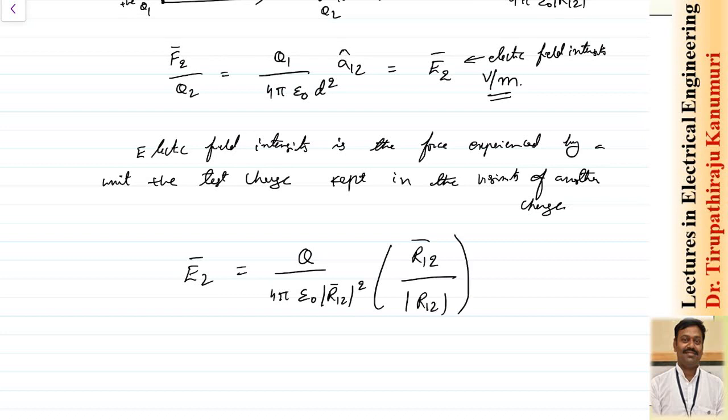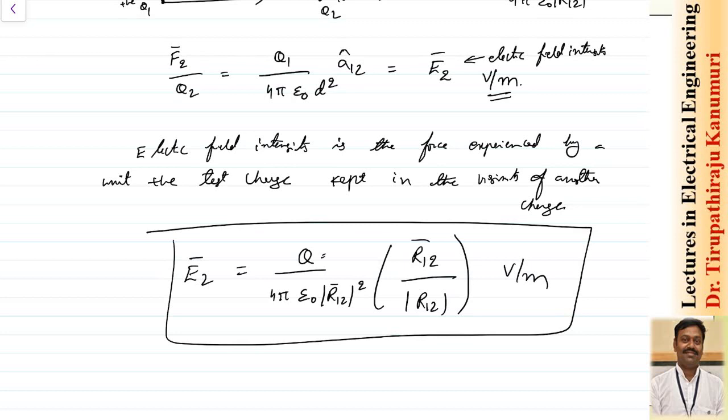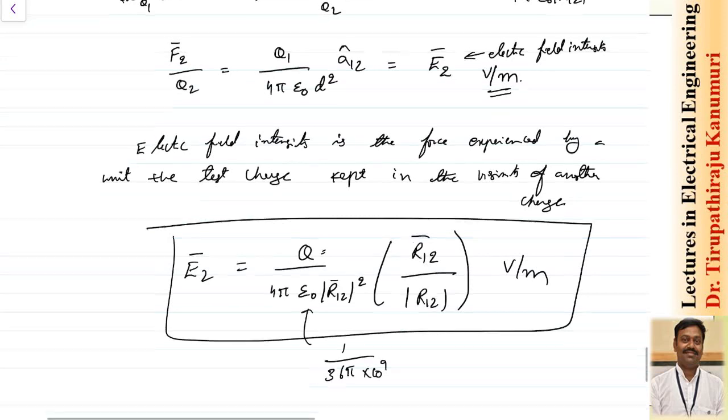The vector is pointing from 1 to 2, so this will be R12 divided by the magnitude of R12. The units are volts per meter. Here you have to remember the value of Q will be in coulombs. Epsilon naught is 8.854 into 10 to the power of minus 12, or whenever numerical values come, just write 1 by 36 pi into 10 to the power of 9 for the calculation. How to calculate R12 and other things we have discussed in the last class.